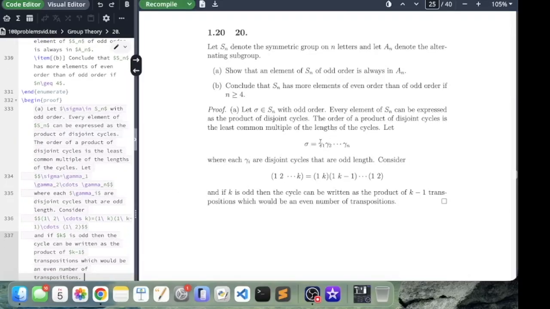Essentially, we're saying that since each gamma is odd, we can take that odd cycle and we can write it as an even number of transpositions.